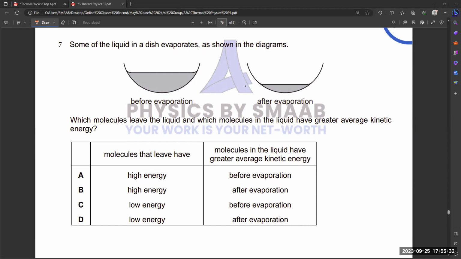Which molecules leave the liquid, and which molecules in the liquid have greater average kinetic energy? So the molecules that leave have high energy, right? And molecules in the liquid have greater average kinetic energy before evaporation. Yes, so A is the right option.